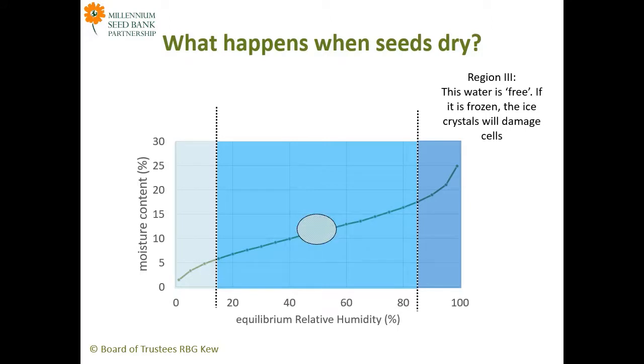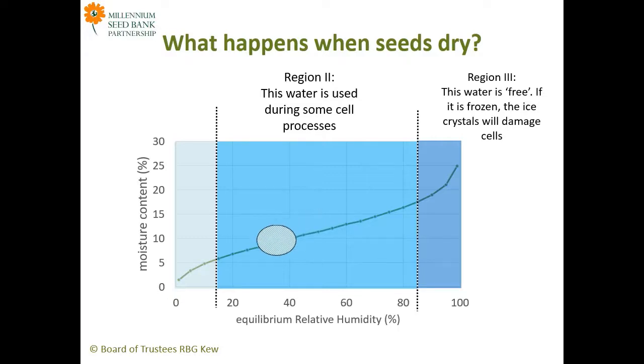As you start to dry your seed, it reaches what we call Region 2, which has an ERH of around 15 to 85%. Some cellular processes take place here. The seed will actually keep on aging, but at a much slower rate. When you dry the seed further, you end up in Region 1, which is anything below 15% ERH.